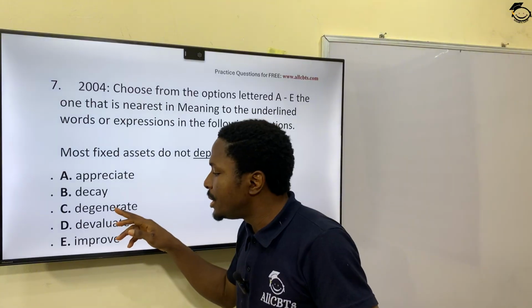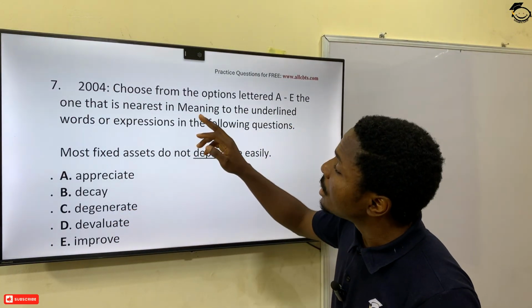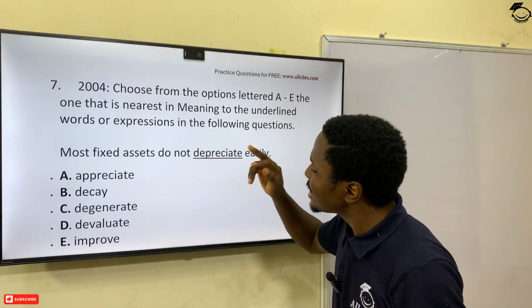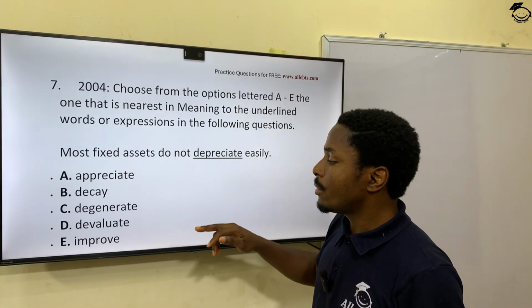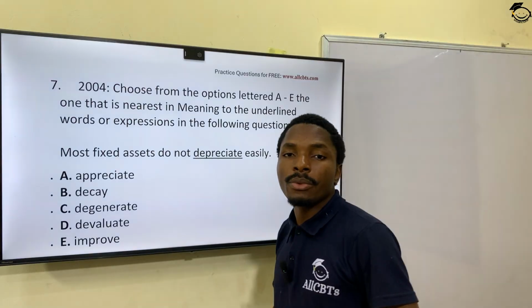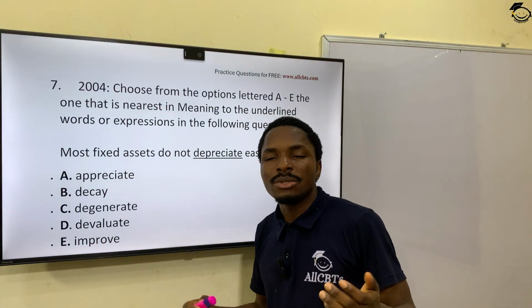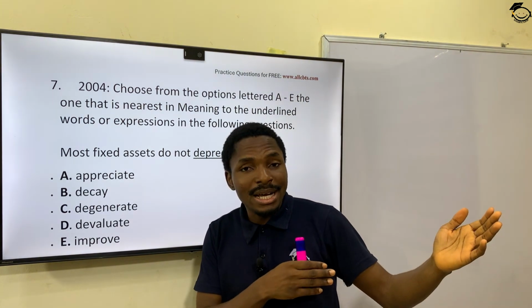And you have degenerate. Okay, degenerate will not be the one that is the closest in meaning. Then you have devaluate. Okay, so we use value for assets, especially in finances. We say the naira has devalued, the dollar has appreciated, that kind of stuff.